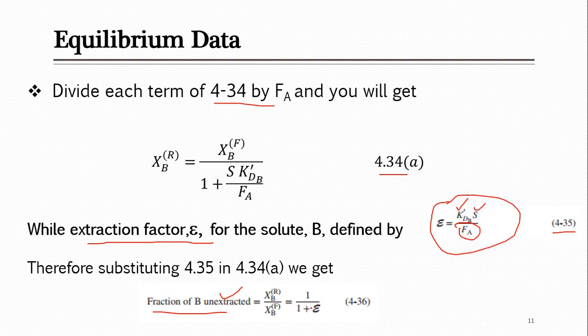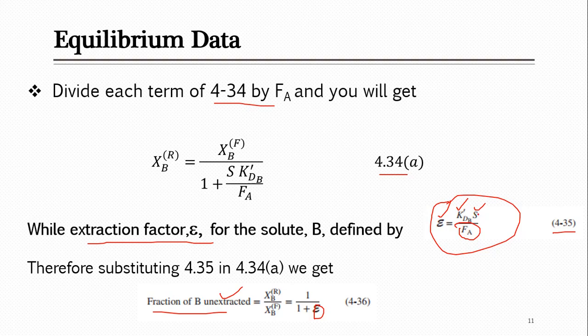So if this epsilon is higher in value, the fraction of B extracted will definitely be higher. How can we make it higher? I have just discussed that this can be made higher by increasing the value of K. We can do that either by changing the solvent which we bring for this extraction, or by changing the conditions of the solvent, like the temperature and pressure, which will also change this K. And then there is the ratio of S over FA.